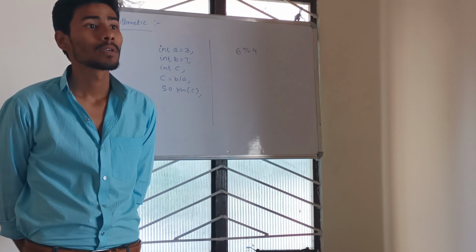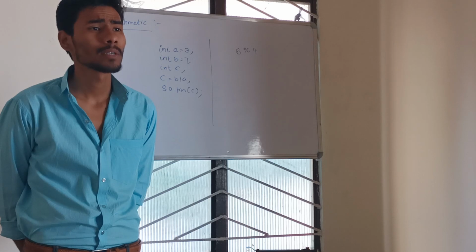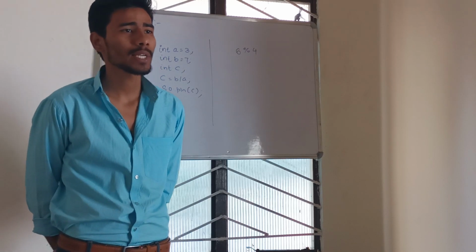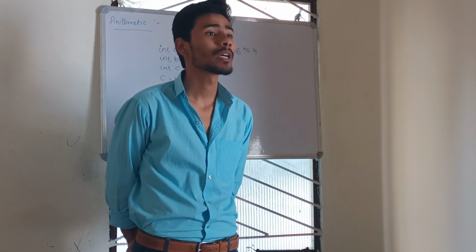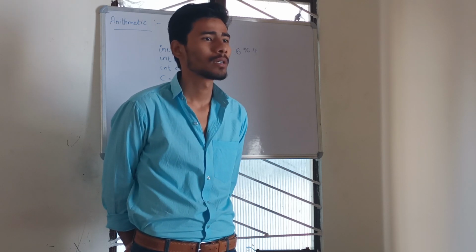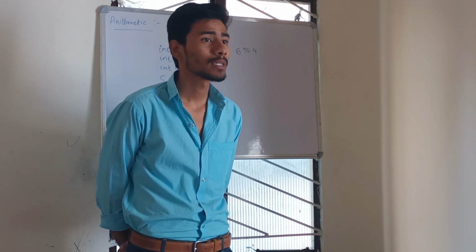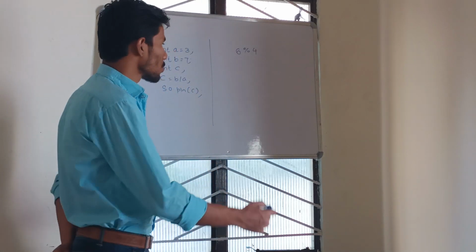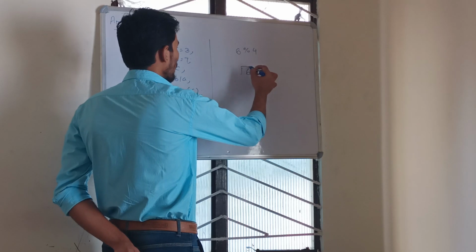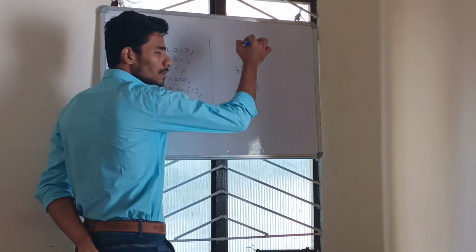So 2 point. Why 2? What will modulus give as the output? Remainder. So what is the remainder you got? 2. So my output will be 2.